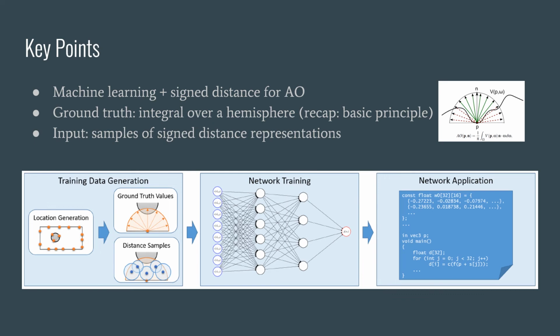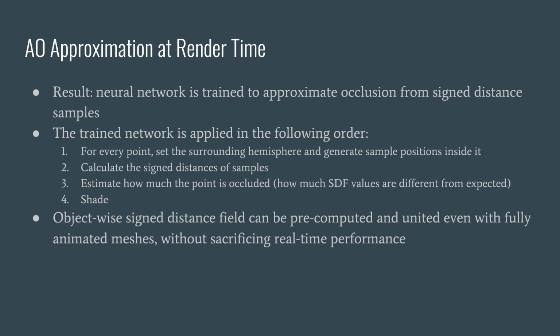Ground truth is something that we want the network to mimic completely. We wish the network to work just like the basic principle of AO but without complex computations. In other words, we want the neural network to be trained to approximate ambient occlusion using signed distance samples.